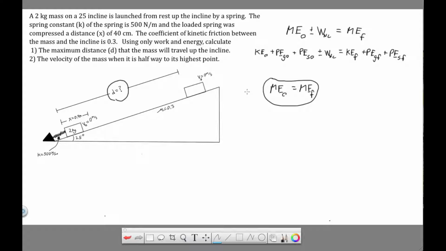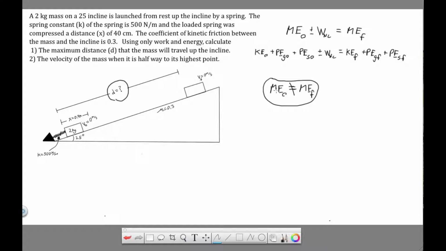And any non-conservative force is going to make this statement that I have circled here not true. The mechanical energy initial is not equal to the mechanical energy final, because friction is going to take some of the initial mechanical energy and convert it to heat energy.